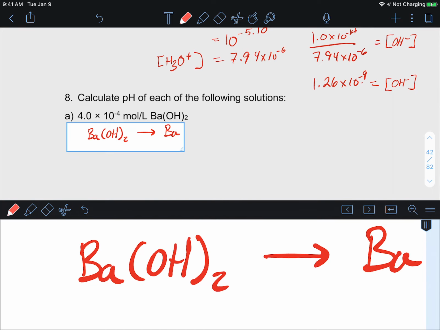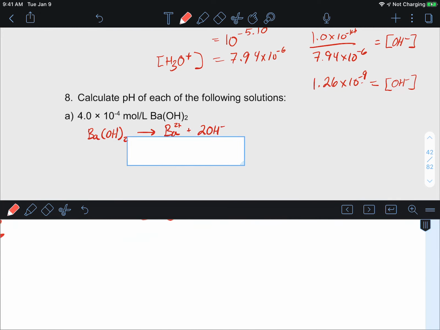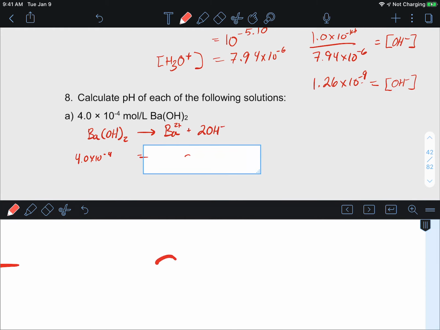So we get barium 2 plus and 2 hydroxides. And so this means that the concentration of 4.0 times 10 to the negative 4 is going to be equal to 8.0 times 10 to the negative 4 for the hydroxide.